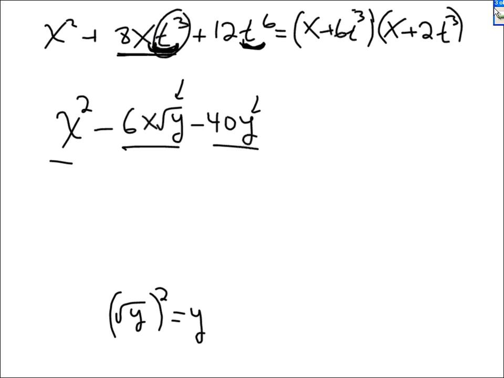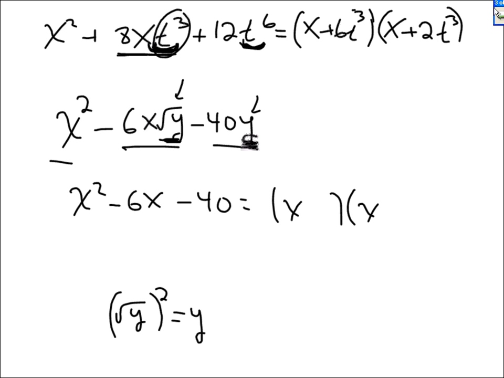So now, since the extra piece by the x term, when you square it, gives the y term by the constant, you can remove it temporarily. I'm just going to factor x squared minus 6x minus 40.